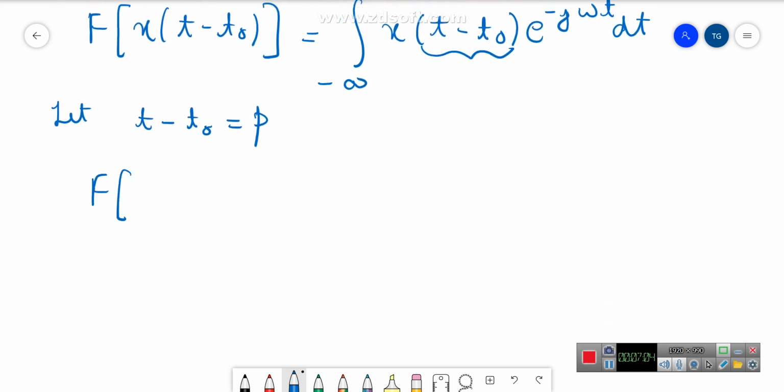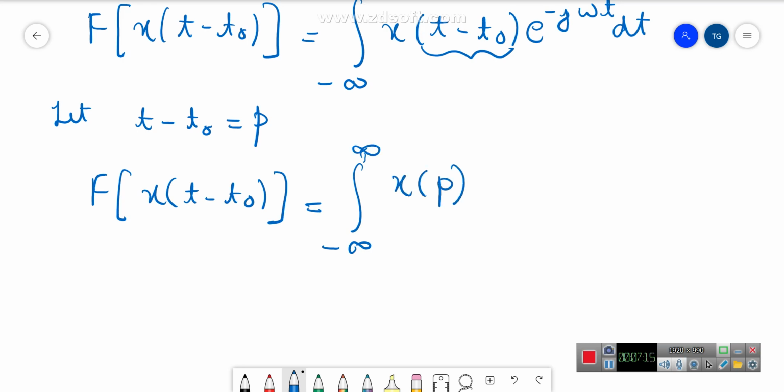So the Fourier transform of x of t minus t naught is equal to the integral from minus infinity to infinity of x of p. Then t is equal to p plus t naught, so here also we have to change.